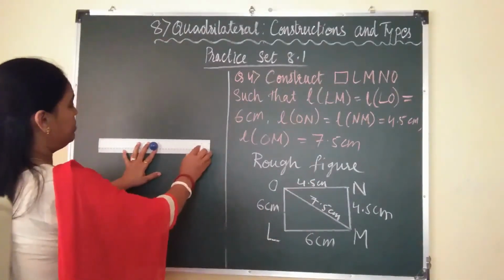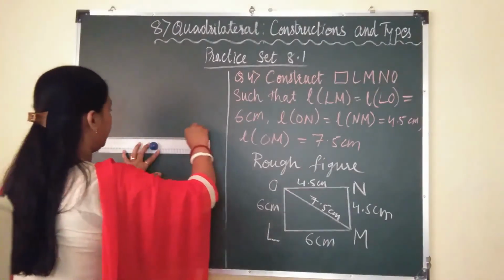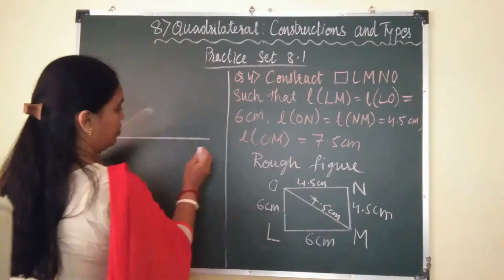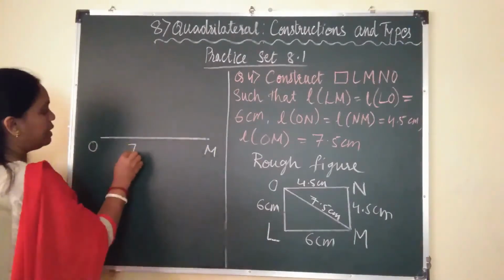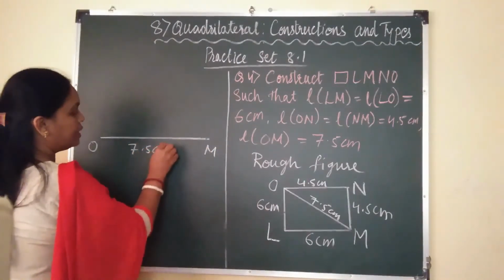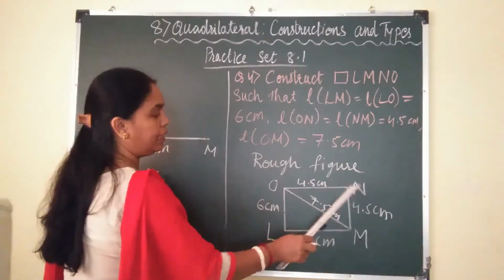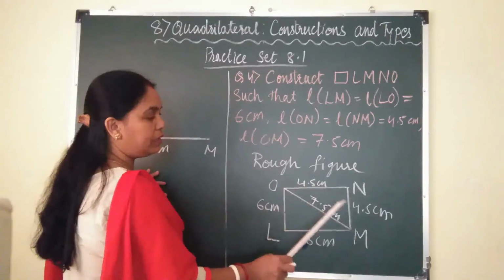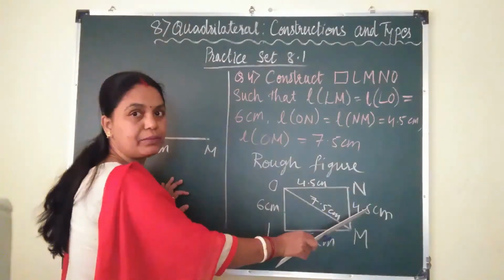Diagonal OM 7.5 centimeters. First I will draw OM, 7.5 centimeters. Then from O to N it is 4.5 centimeters and M to N it is 4.5 centimeters.